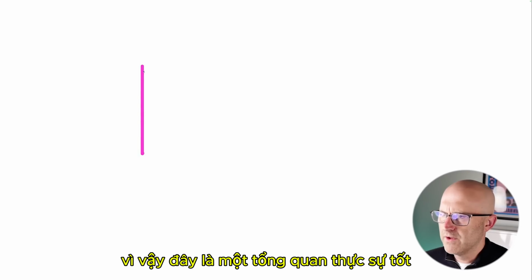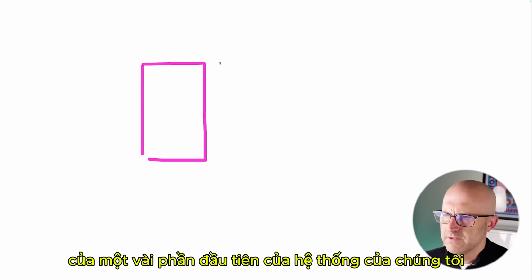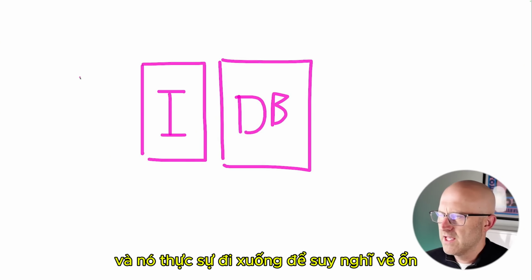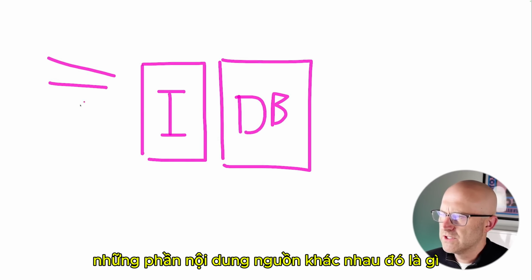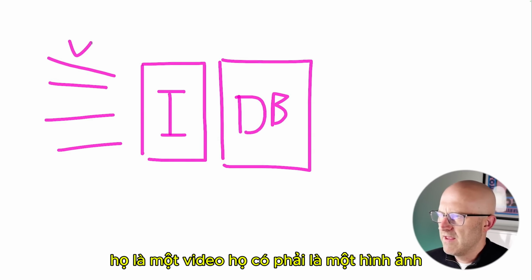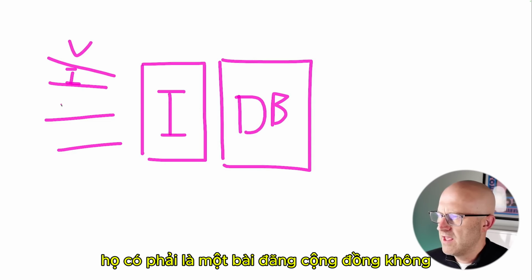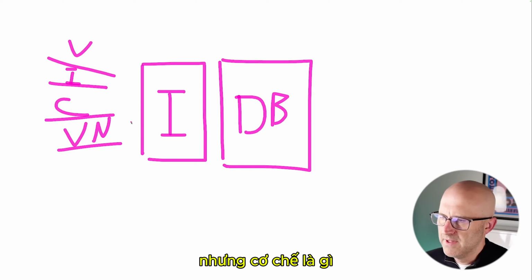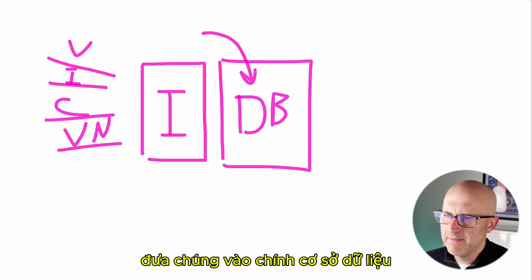So this is a really good overview of the first couple parts of our system, which is the input and the database. And it really comes down to thinking about, okay, what are those different source pieces of content? Are they a video? Are they an image? Are they a community post? Is it a voice note? And not only that, but what is the mechanism that gets them into the database itself?